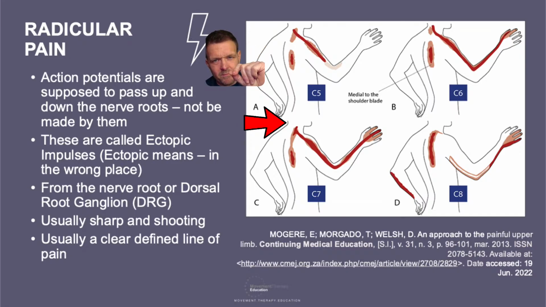That ectopic impulse will then shoot down that nerve, and it will follow a usual pattern, although it's not the same every single time for every single person. When I had radicular pain, I don't know what it was because of, I just had it, but the symptoms I had would literally just shoot into my heel, and it would be like a whoomph down into the heel.